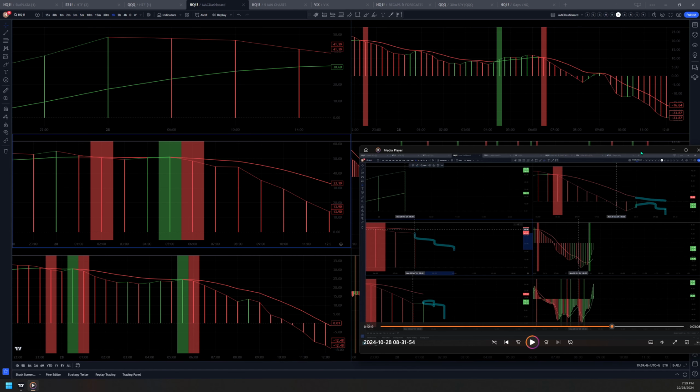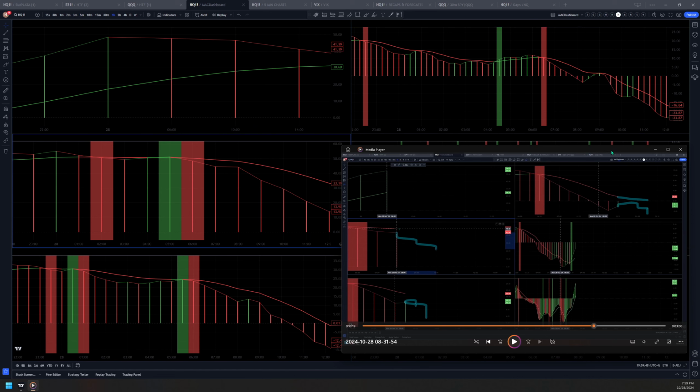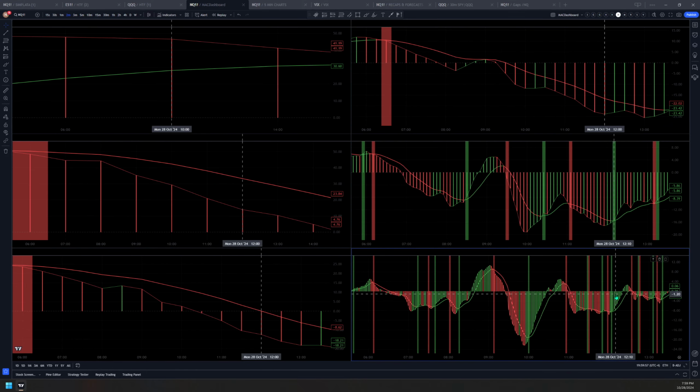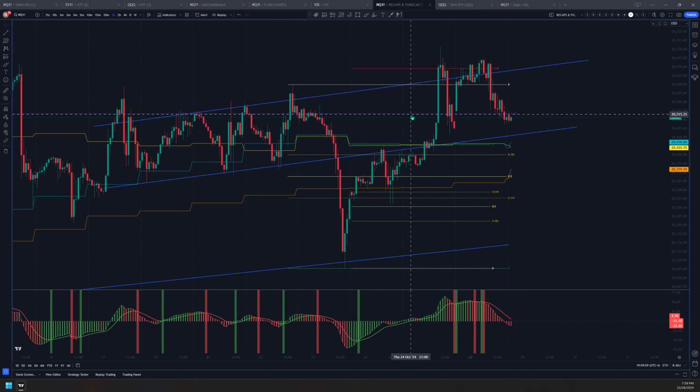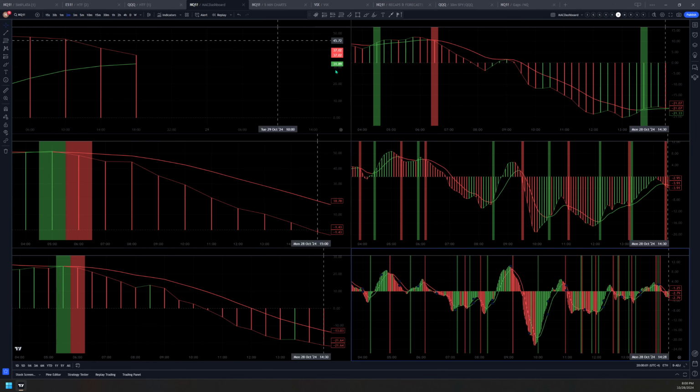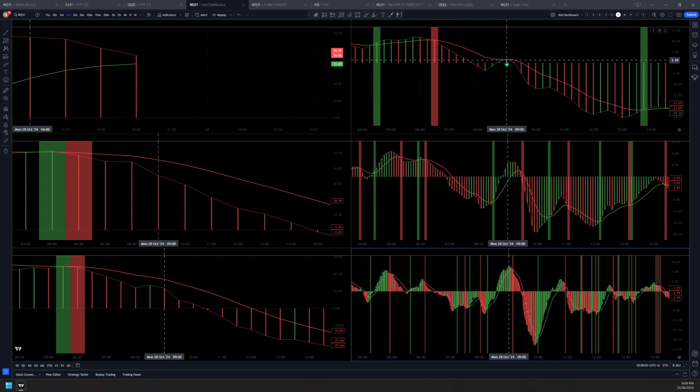So that's exactly how I love to use MACD, and this is the stuff I like to pay attention to. That was about 9 o'clock, and I was saying at 8:45 this could reject down.